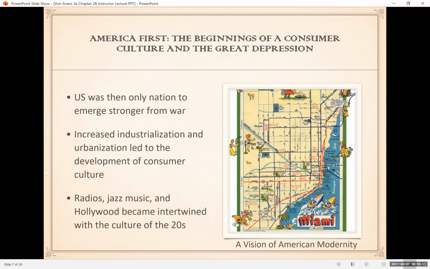Al Jolson was a very popular singer, but he does it in blackface, which is why you probably have never seen it. Sadly, blackface was part of the milieu of the time. But movies become extremely popular, and especially Hollywood films.